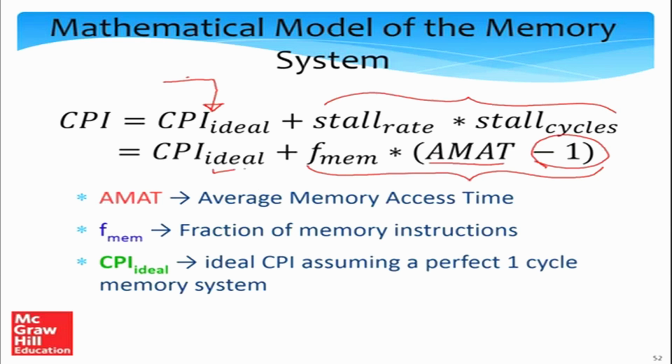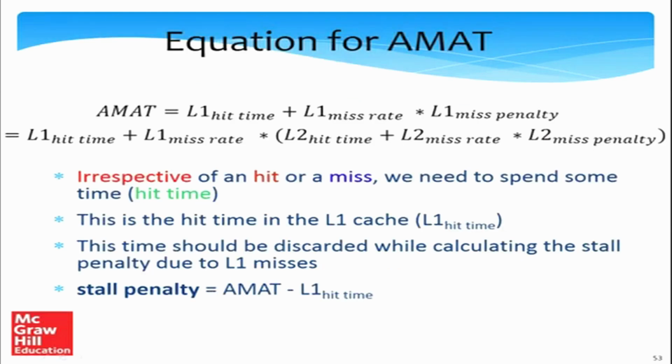Why will the memory access time increase? It will increase if there are more misses in the cache hierarchy. We need to go lower in the memory hierarchy and fetch data. This will increase our overall access time and our CPI, consequently making the processor run slower. Now let's try to compute the average memory access time.